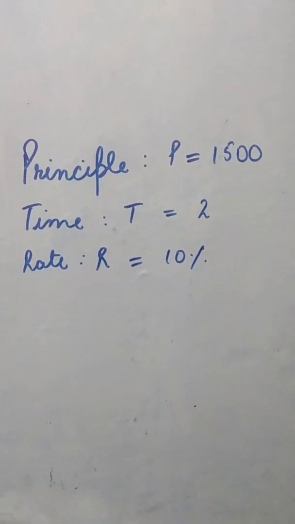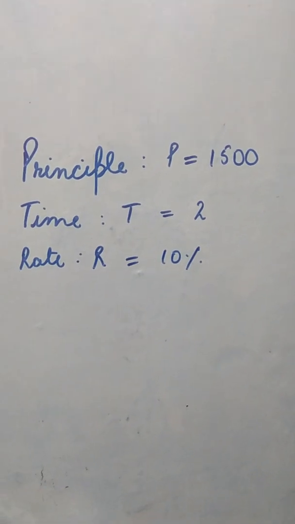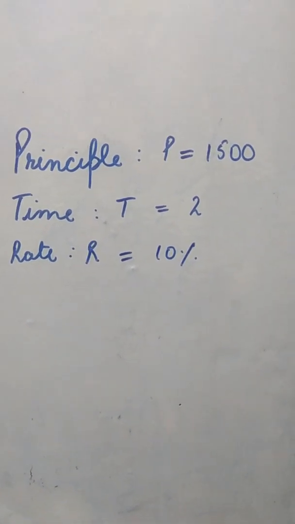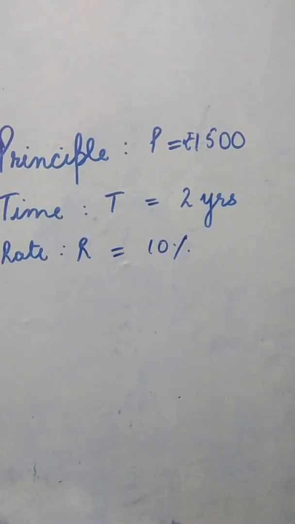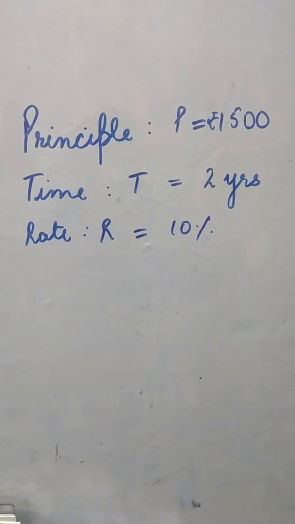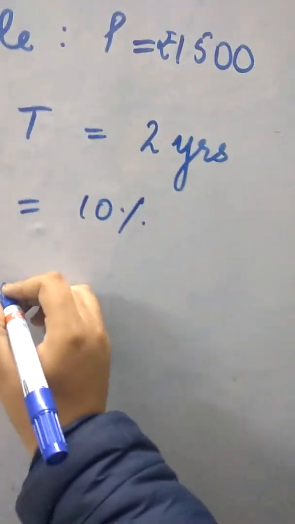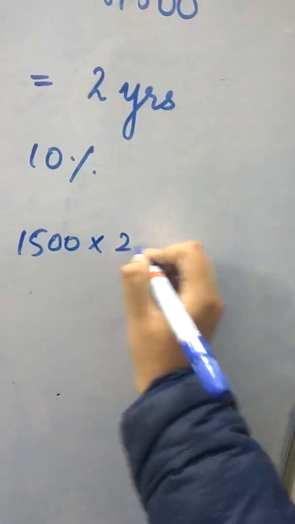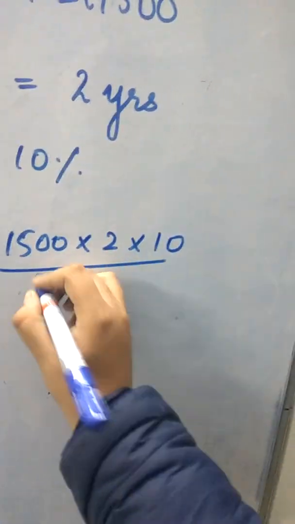So for instance, if the principal is 1500, time is 2 years, and the rate is 10%, then the simple interest would be 1500 into 2 into 10 upon 100. So SI is equal to 1500 into 2 into 10 upon 100.